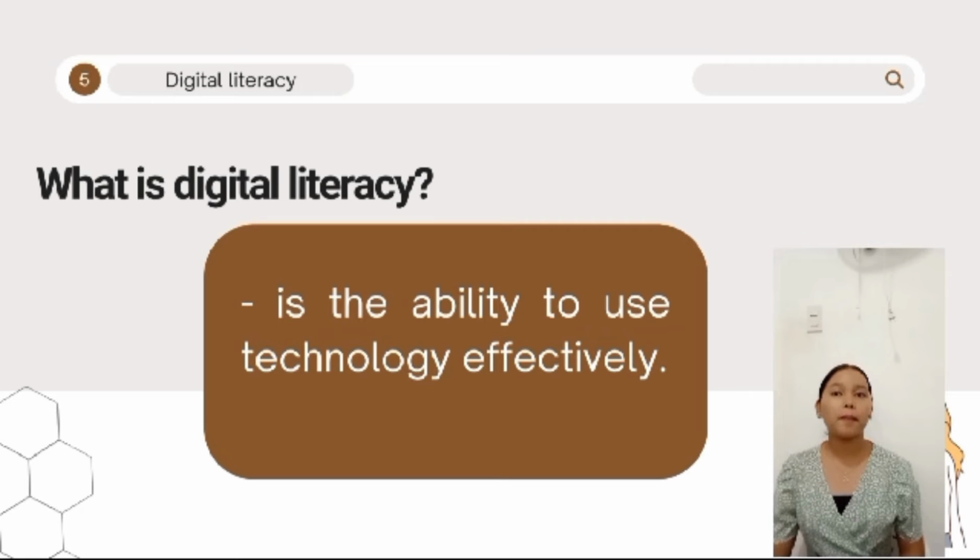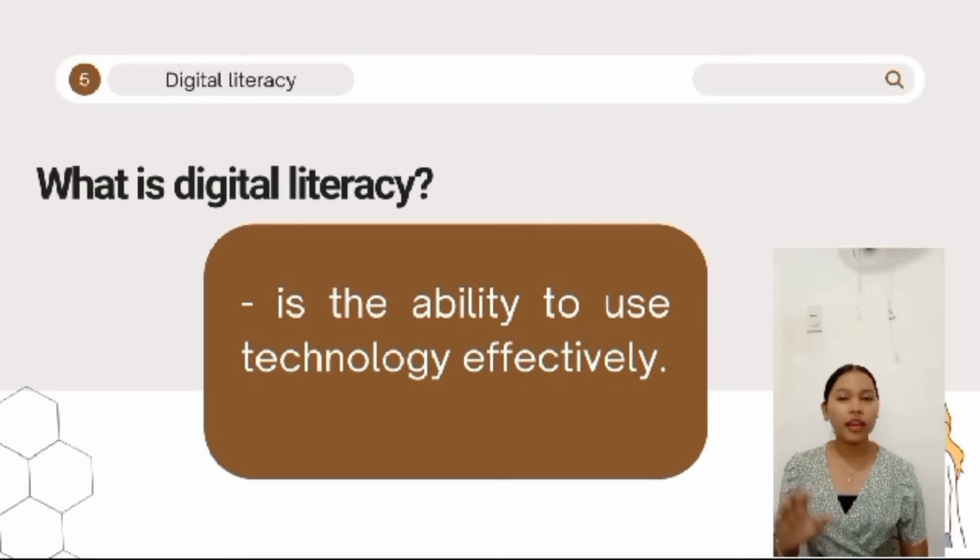It means being able to find, evaluate, and share information, solve problems, and create content using devices like computers, smartphones, or tablets.